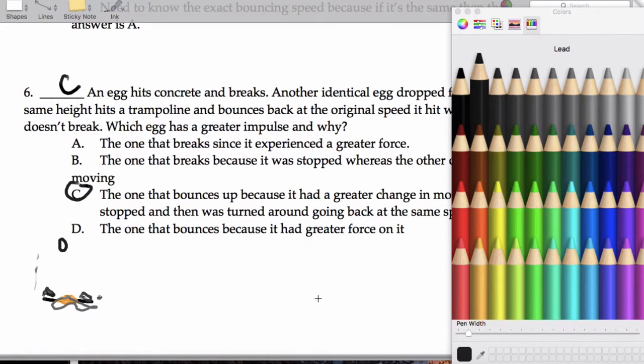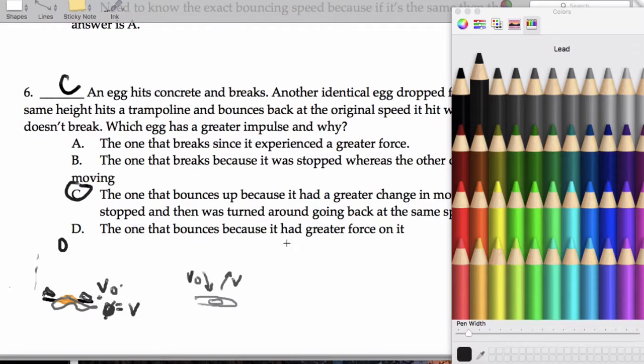Okay, that's fine, but let's be clear. The speed right before it hit the ground was v0, and then when it hits the ground, the speed equals 0. So v0 goes to a final v of 0, versus the trampoline egg that hits at v0, bounces at v, and doesn't break.